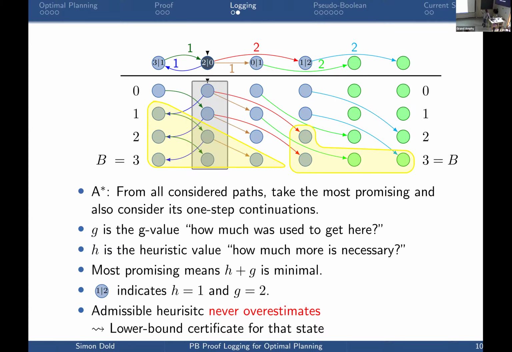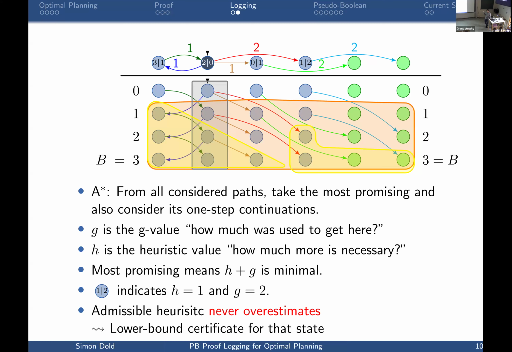Similar for this one, I need at least 1 step to get to a goal, so it's a lower bound certificate for that. And for a heuristic value of 0, there I can put a trivial box around everything that has this cost layer and below or with higher cost.